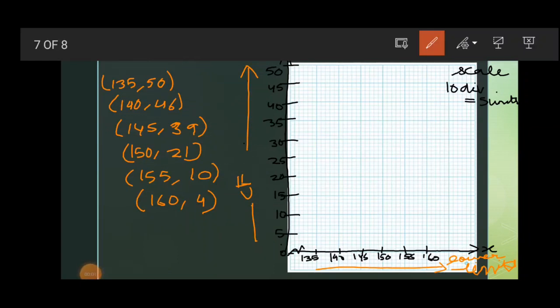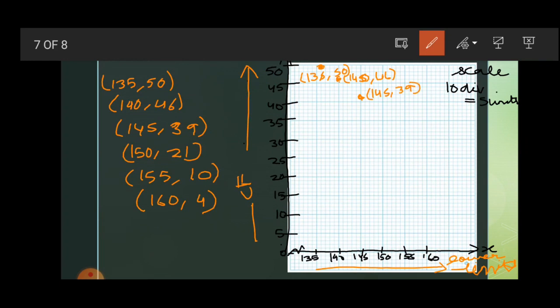Draw first point 135, 50. Here is 135, 50. Next is 140, 46. Next is 145, 39.